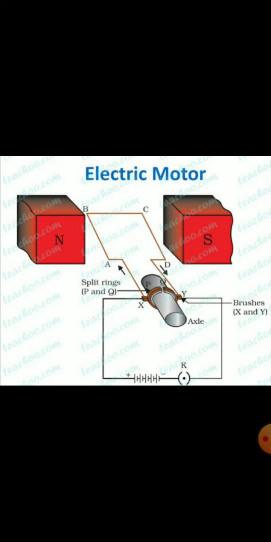Now look at the rectangular coil ABCD. One end of this rectangular coil is attached to P, and another end is attached to Q. And what are P and Q? P and Q are the halves of a split ring, right?